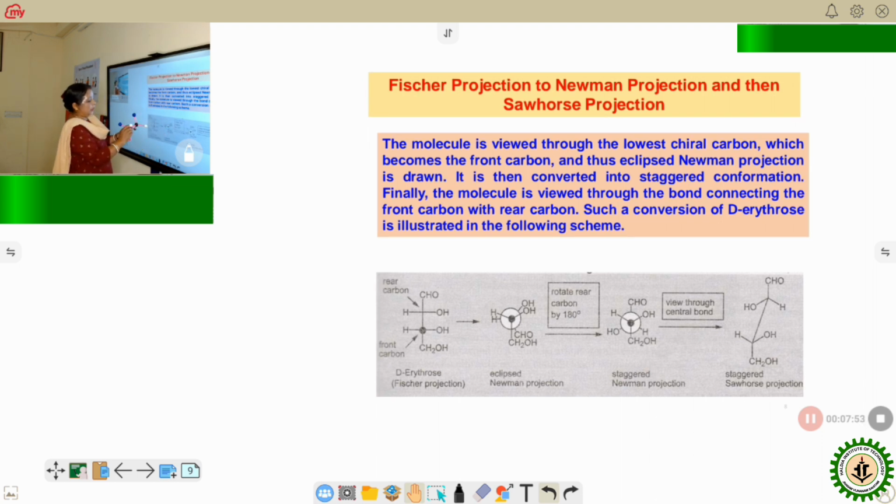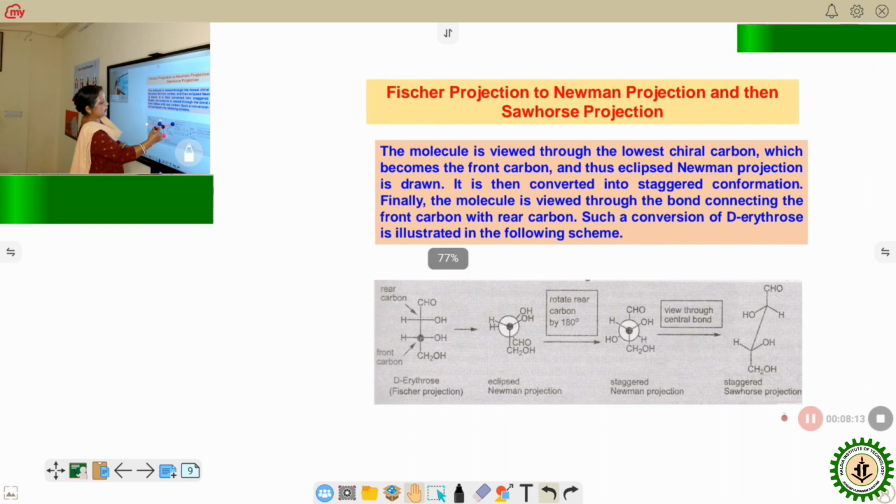In this compound, this is your CH2OH, this is OH, and this is H, and this is OH, H, and this is your CH2. Now we can express this as the Newman projection formula.